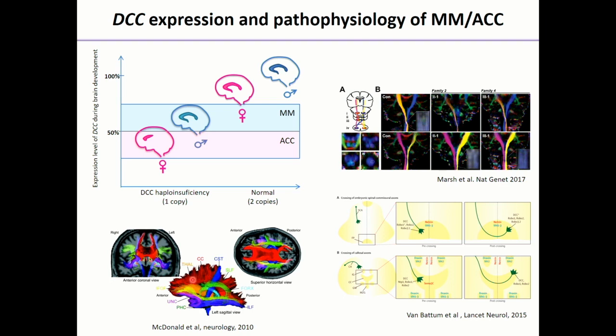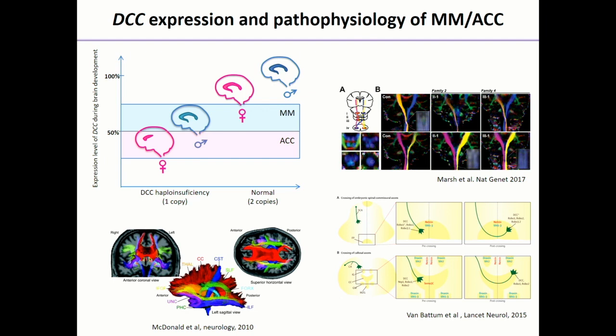So you can see here the corticospinal tract in blue, the callosal tract in red. This is to show that in individuals with mirror movements, you have a defect of crossing of the corticospinal tract. And actually, these individuals have the ipsilateral tract, so the tract that does not cross, which is thicker than the crossed tract, which is abnormal.